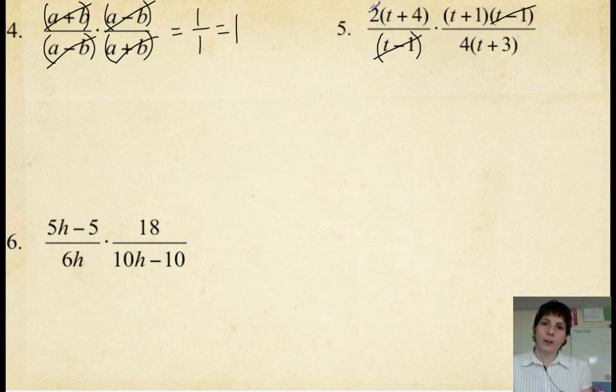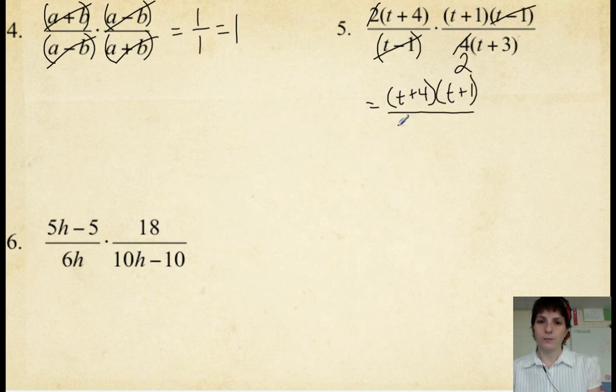But don't forget about the numbers as well, so that as long as it's multiplication, so we're multiplying all the way across the top and we're multiplying all the way across the bottom, I can also treat these as fractions, so that 2/4 would simplify to become 1/2. So my answer to number 5 should be t plus 4 times t plus 1 all over 2 times t plus 3.